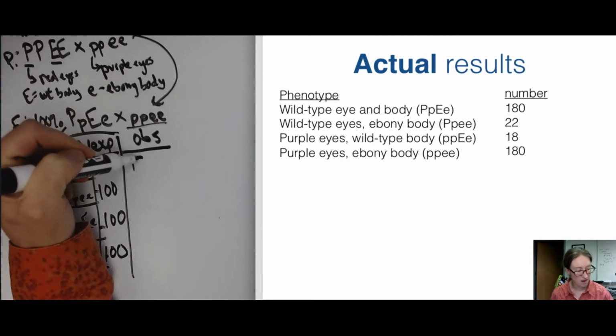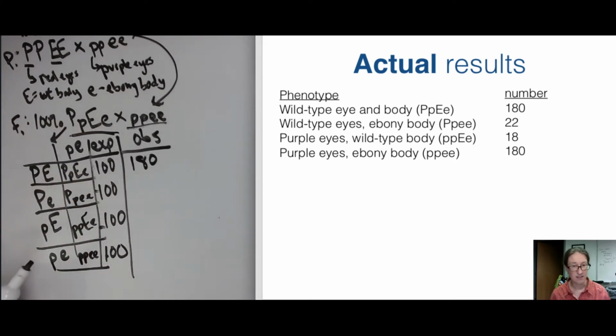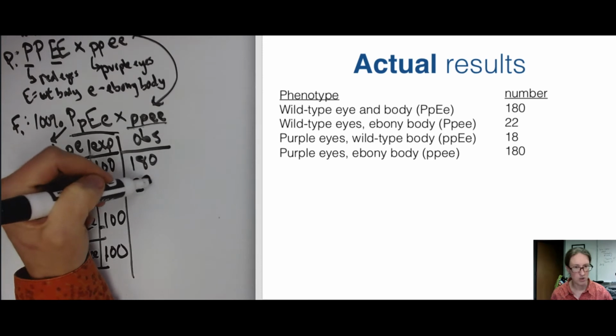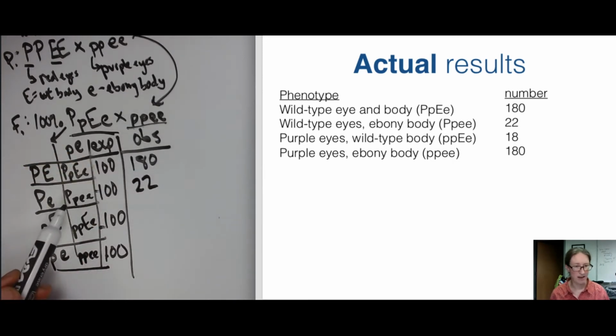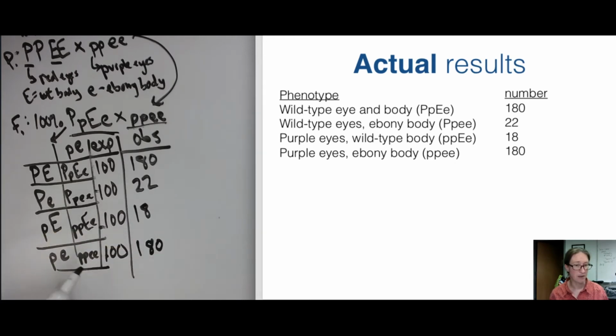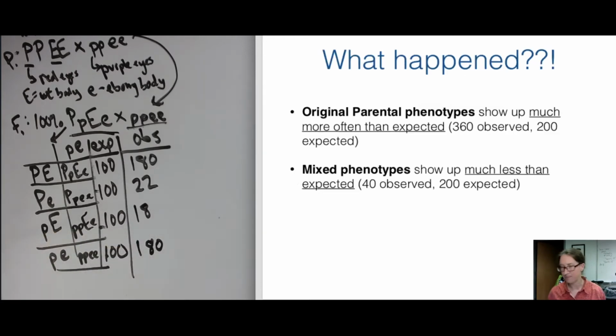So we get 180 that are wild type. We get 22 that have the wild type eyes and ebony body. We get 18 that have purple eyes and the wild type body. And then we get 180 that have purple eyes and ebony body. So what is going on here?